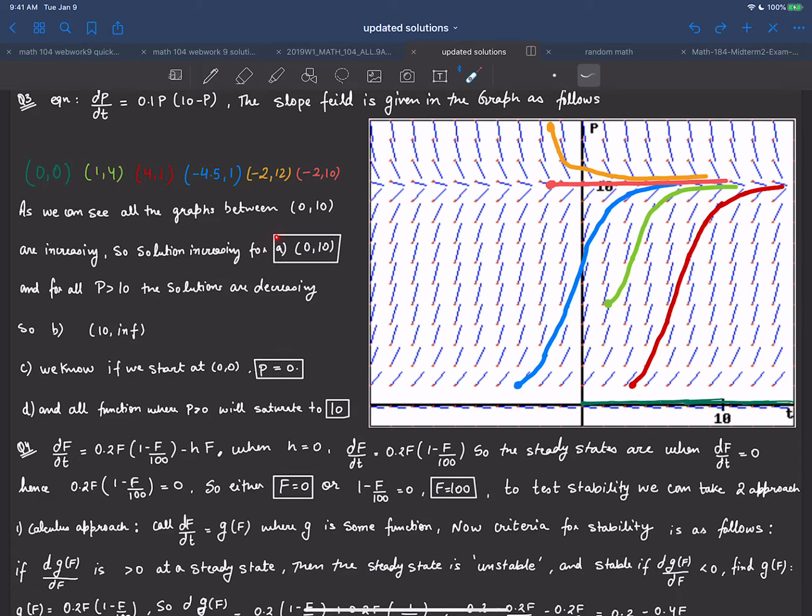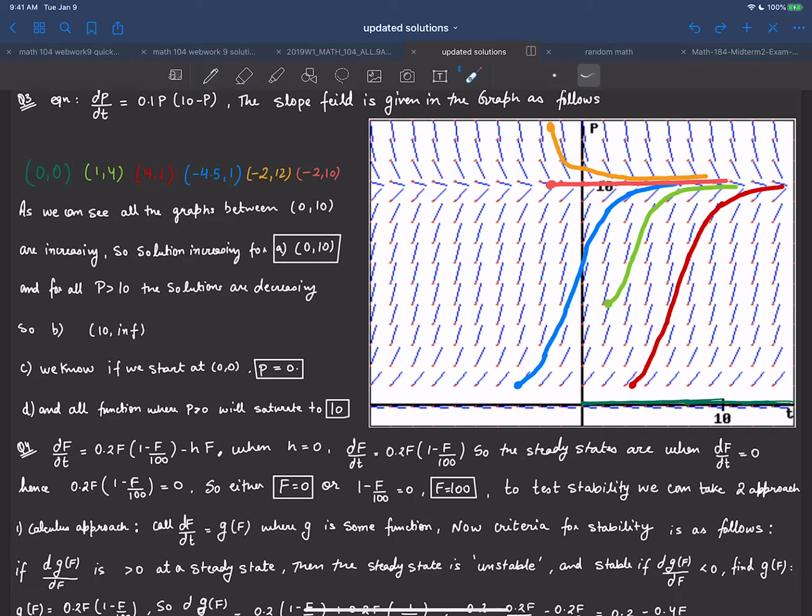So all the values of solutions, or actual p values, which are from 0 to 10, are going to make a solution increase and settle down to be 10. Okay, and then anything above 10, you see all the slopes are just pointing down there. For any value that's going to be above 10, you're going to have a decreasing solution because at those values of p, your dp/dt will be negative. You can plug in and check it, or you can follow the slopes as well here.